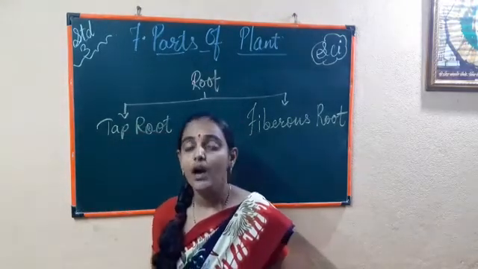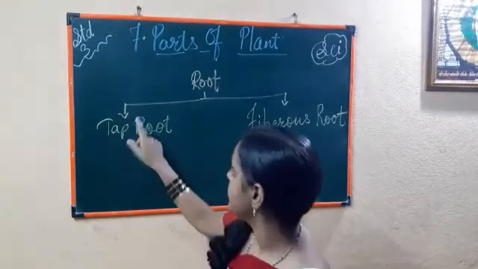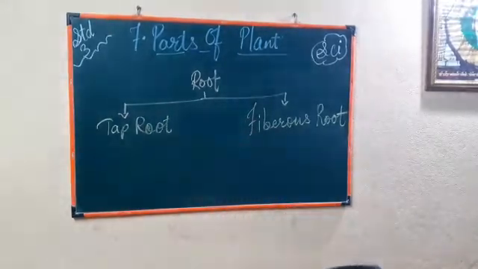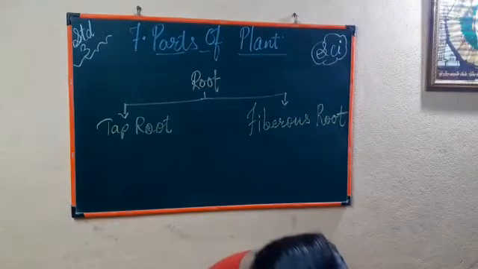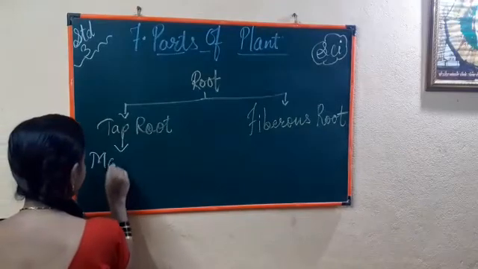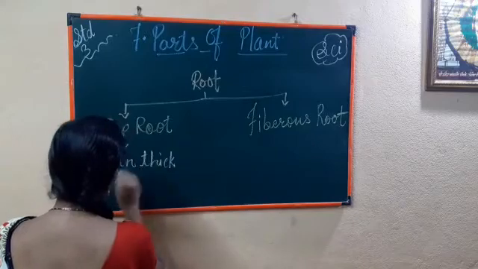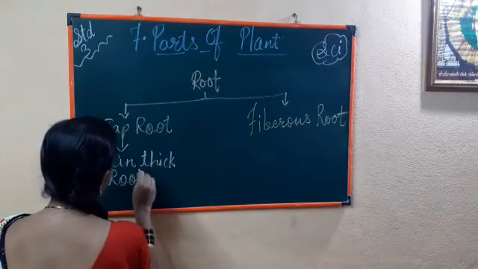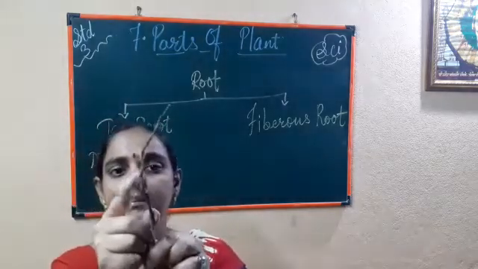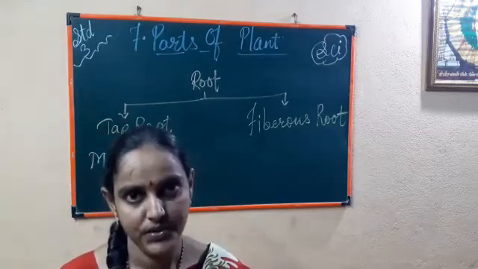Carrot is the root, and that is included in taproot. So taproot is the root which has a main thick root, and it may have small roots besides it, okay.